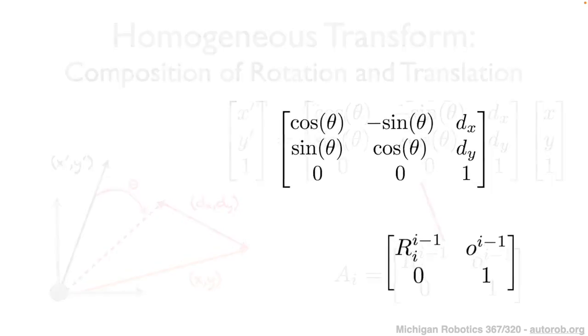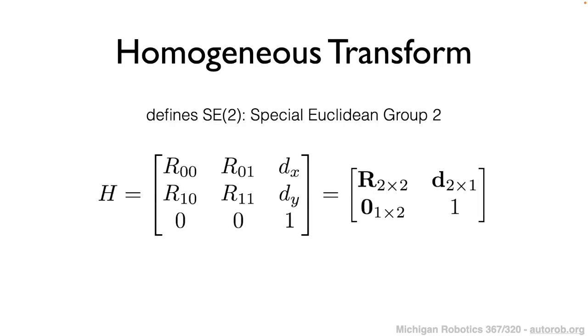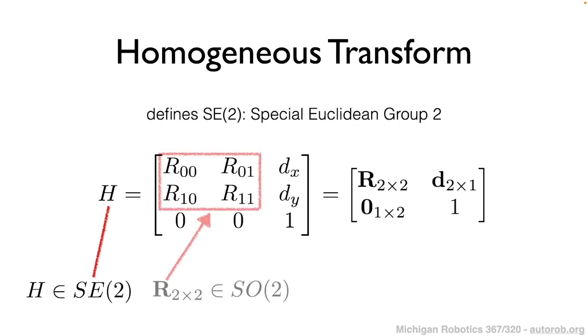matrix operation. And so these homogeneous transforms that compose rotation and translation are what's referred to as the special Euclidean group 2, in the cases that we've been looking at. In this particular case, we could say that this matrix H is an element of this special Euclidean group 2, where it's composed of a 2x2 rotation matrix, which is an element of what's called the special orthogonal group 2.